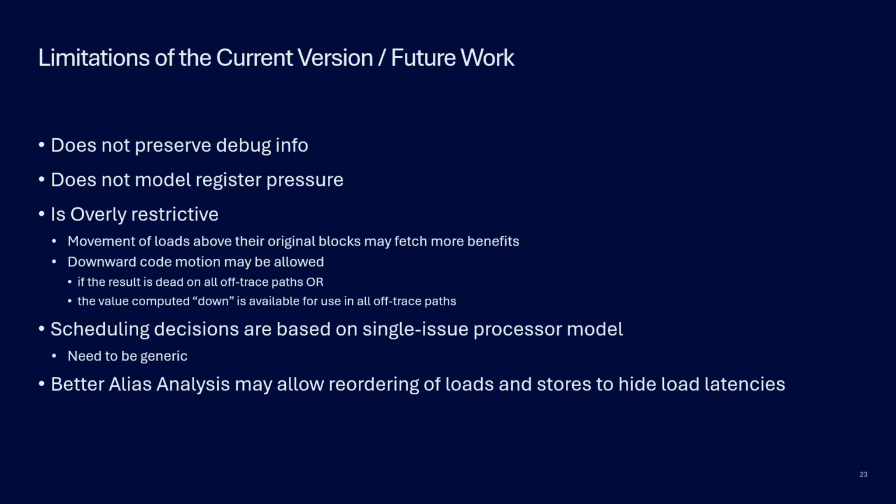So unless we prove that these two values are different, we cannot move this load above this store. So this is a memory dependence. This is a dependence through memory, unlike dependence through registers, which are visible and obvious.